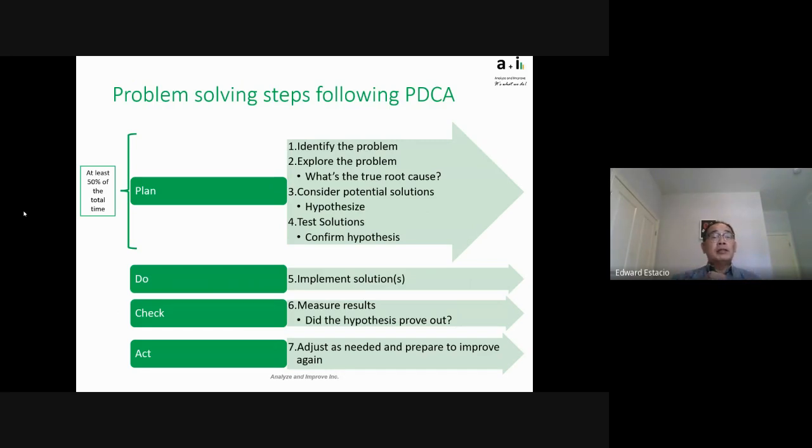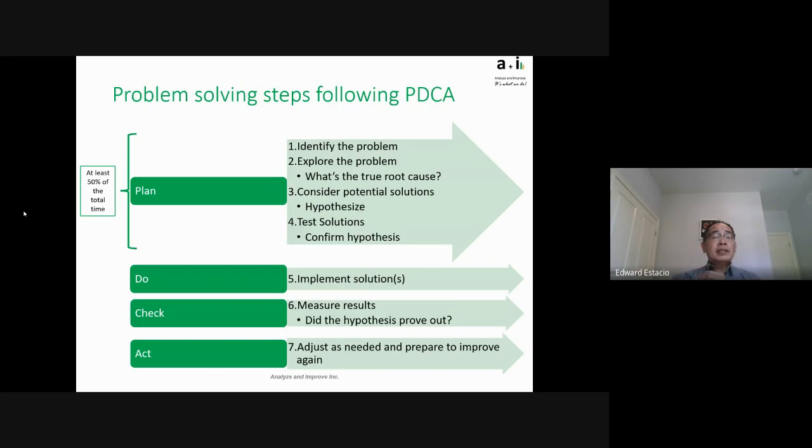Then we explore it. What is the real root cause? We need to do that so we don't apply band-aids to the problems. Then we consider potential solutions based on what we've analyzed. We hypothesize those and test those solutions. Are those really working or not?